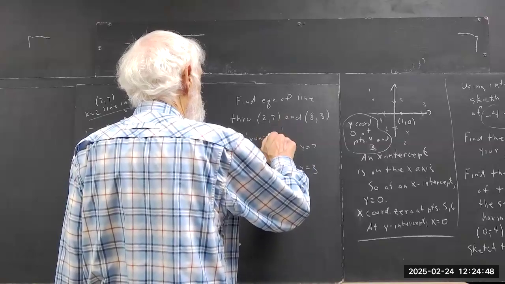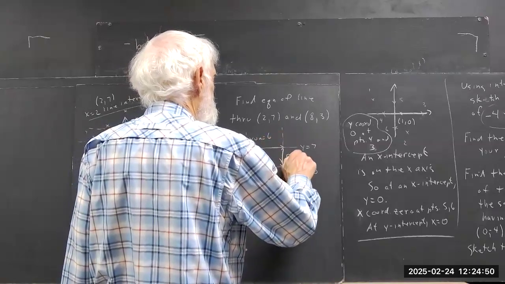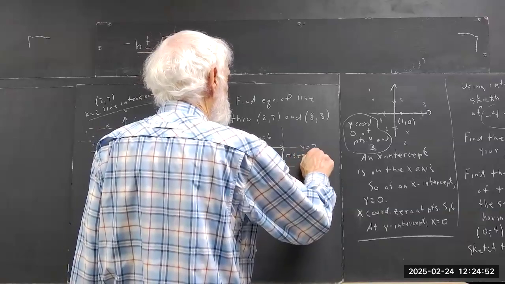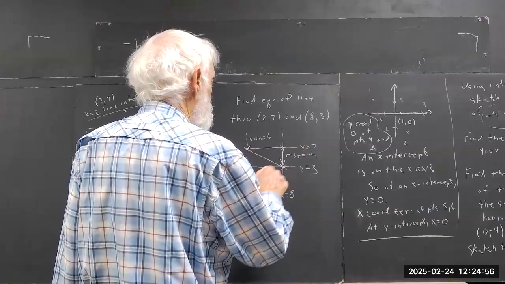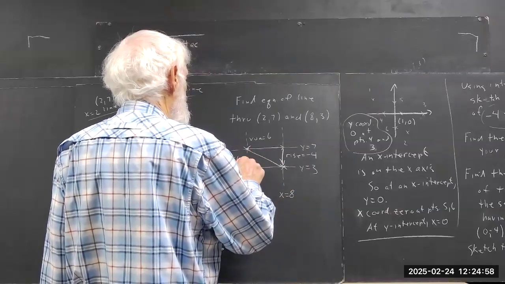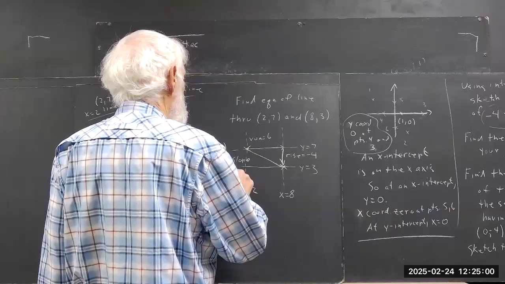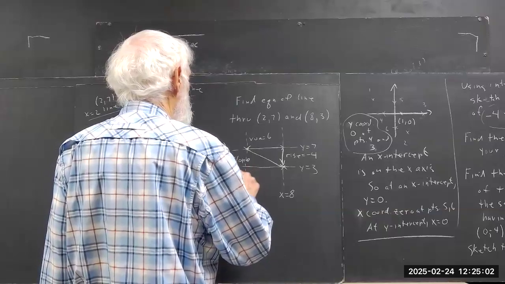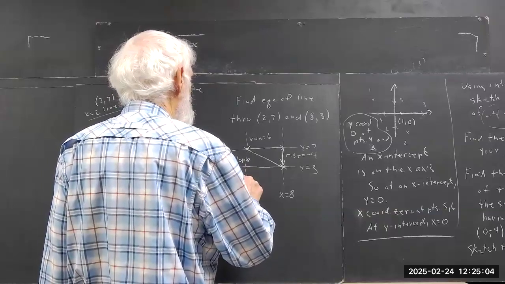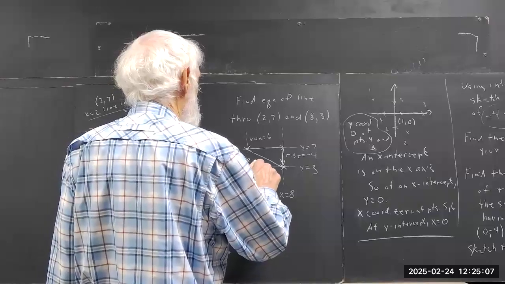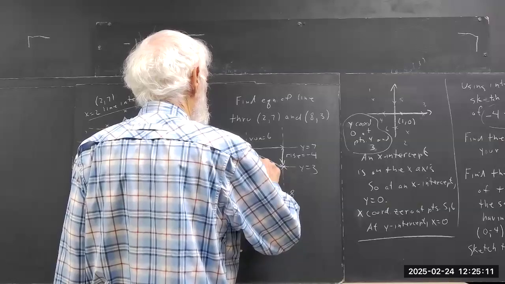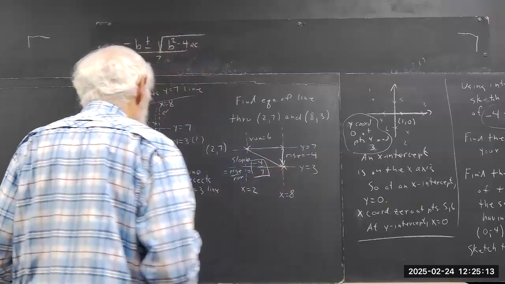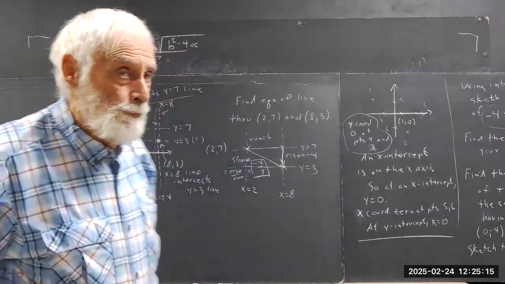The run is 6. The rise is -4. Slope is -4/6.